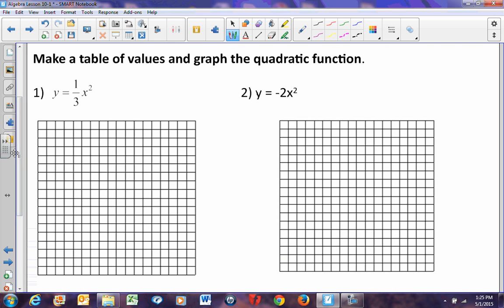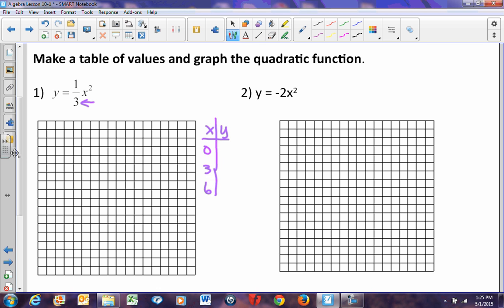Let's take this first one, and I'm just going to make my tables right here. So here's the table for column number 1. If y = 1/3 x², I'm going to use multiples of my denominator of 3, so I'm going to use 0, 3, and 6. I'm not going to use any negative points because I really don't need to, and we'll understand why in just a moment.